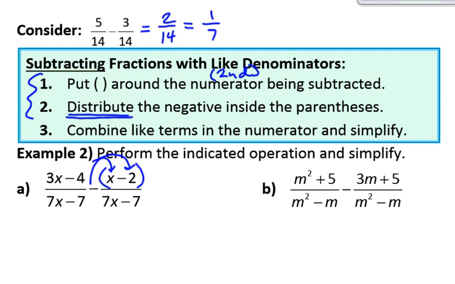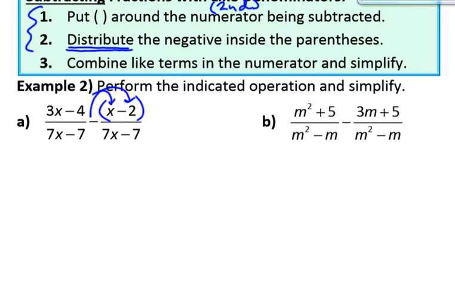Now it only distributes to the numerator. You do not want to distribute it to the denominator. Okay, so now the denominators are the same, so that's going to stay the same. I'm going to rewrite this one. Whenever I subtract, I don't like to just go ahead and combine like terms. I like to rewrite it first so that I do not make any mistakes.